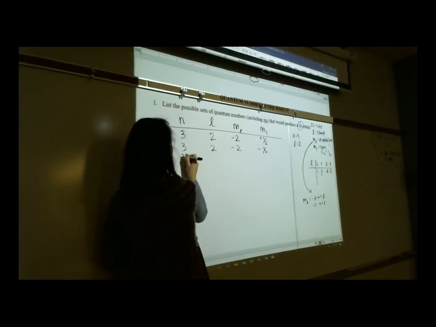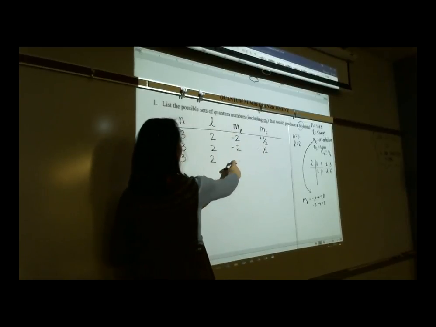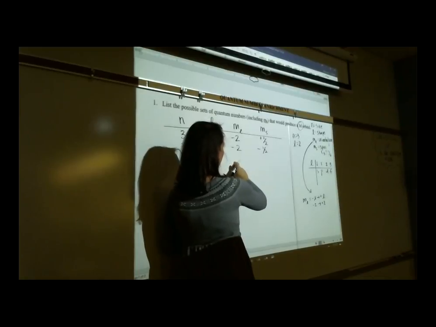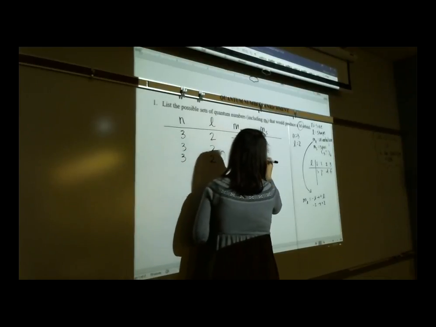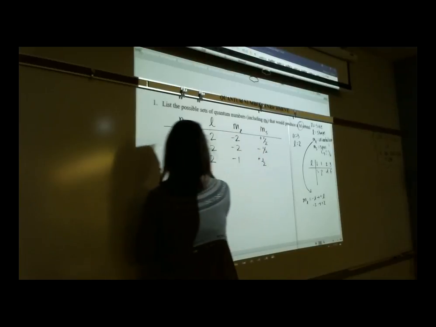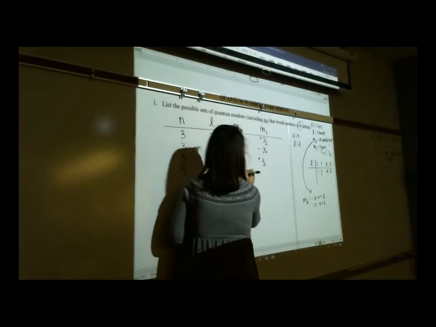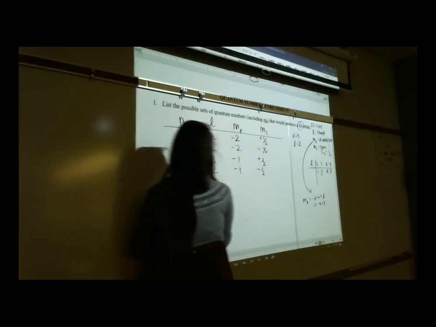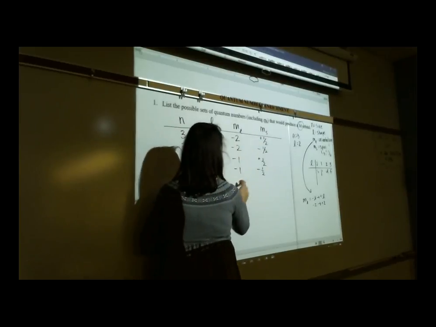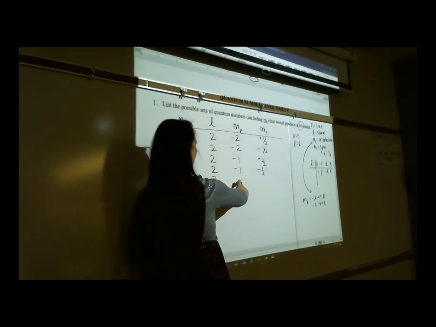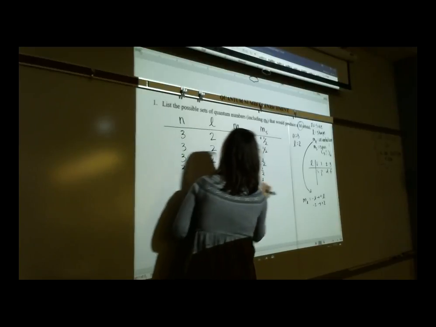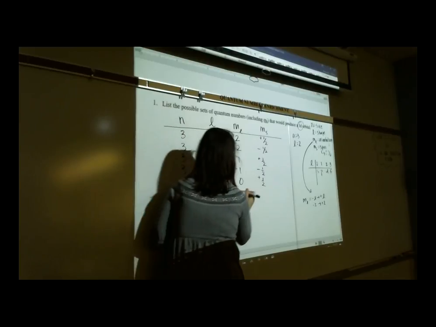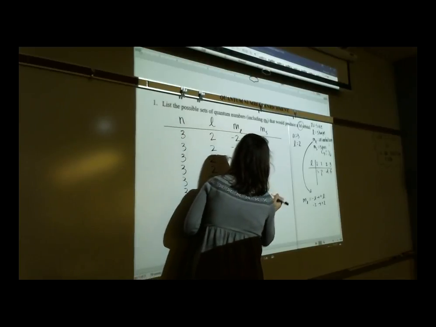What's another set? 3, 2, what's another value of m sub l that would work? Negative 1. And then we'll just need both options for positive 1/2 and negative 1/2. All right, what about 3, 2, what's another value of m sub l that would work? 0, positive 1/2. 3, 2, 0, negative 1/2.